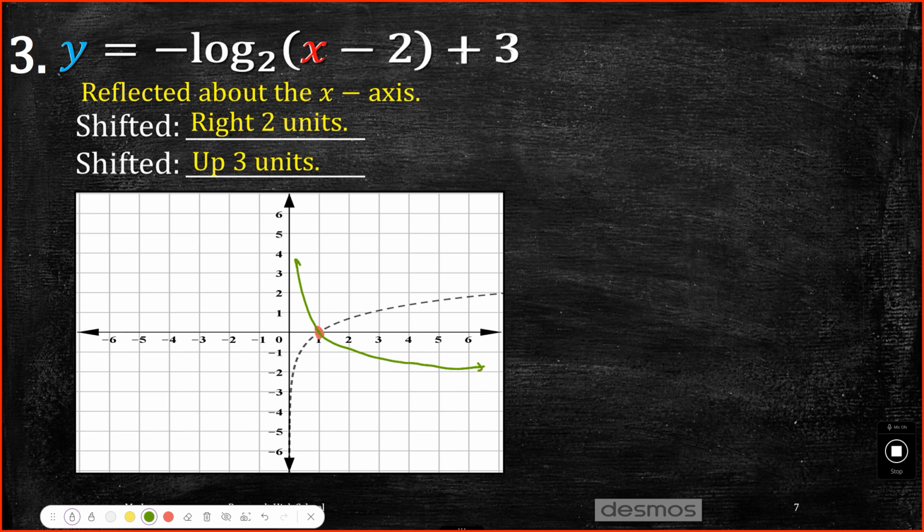The next one, I've got to move it right 2, since I'm going from left to right in doing these transformations. So it's going to be something like this, so I don't mess up. And then the last one, I'm going to move it up 3. 1, 2, 3, and then you're not going to get it wrong. It's not going to be perfect, but you're not going to get it wrong. That should be good.